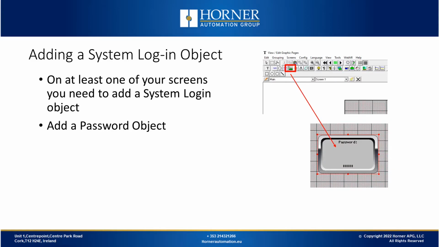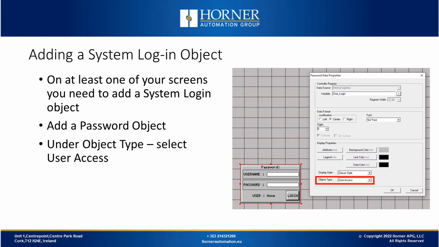The last step we need to do is give the operator some way of logging in at runtime. We do that by adding a system login object, such as a password object. You can see that highlighted in the image on the right. Once you press that icon, you drop a password object on the screen and then you double click on it to go into the configuration dialog. At the very bottom, you'll notice that there is a pull down list that allows you to select an object type, and for that you select user access as the object type.